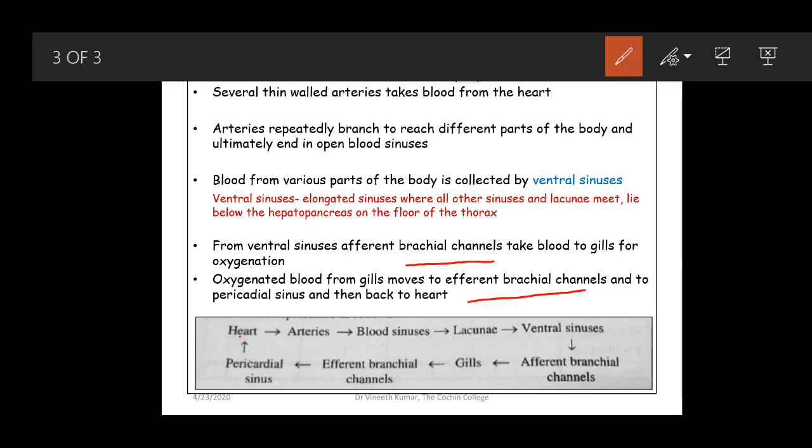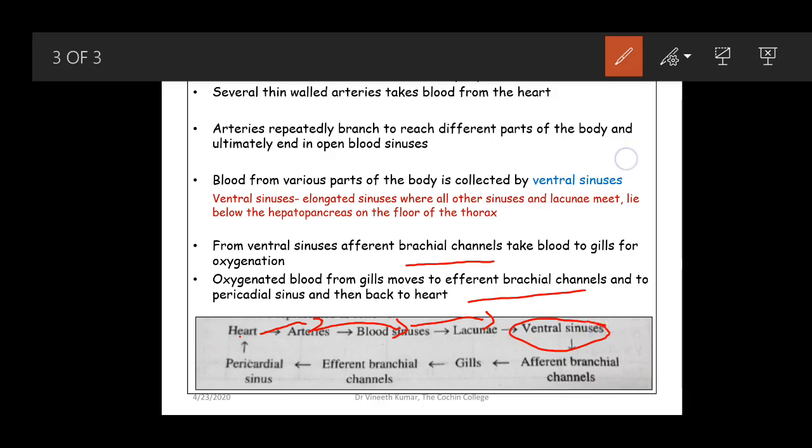From the sinus, blood enters the heart through valves which are present in the heart. From the heart, the blood moves to the arteries, and arteries to different parts of the body, and they end in the blood sinuses. From the blood sinuses, again the blood moves to blood lacunae. From the blood lacunae and the various blood sinuses, it reaches the ventral sinus.